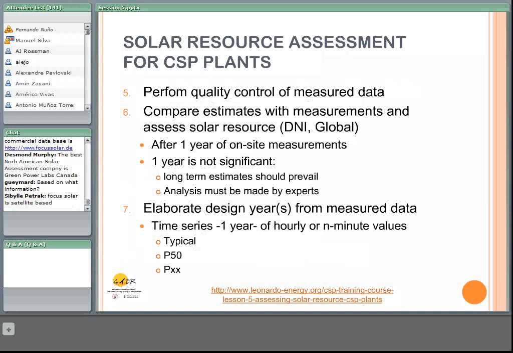As I said, direct has not a normal distribution, so this series may be different.